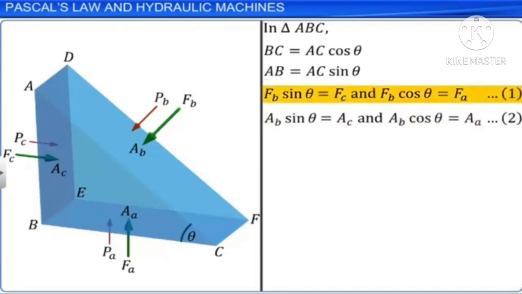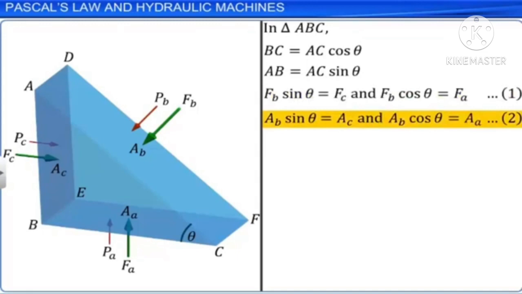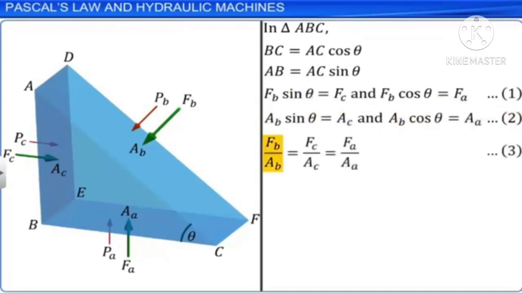However, the ratio of force to area is equal to pressure. Thus, PA is equal to PB, which is equal to PC. Hence, we can conclude that the force against any area within a fluid at rest and under pressure is normal to the area irrespective of the orientation of the area.